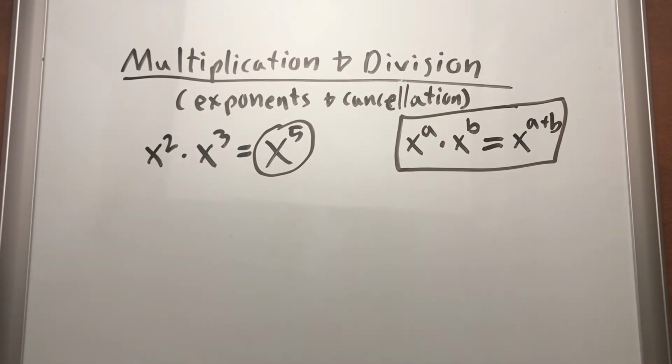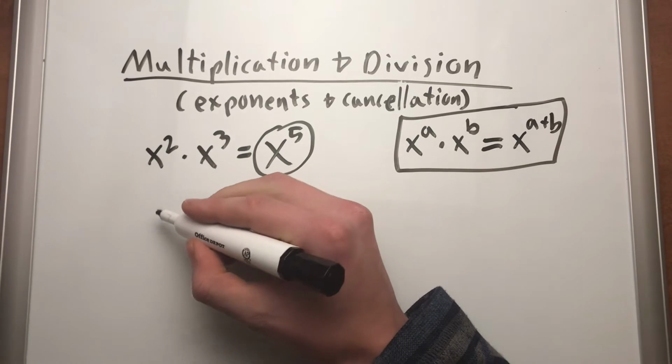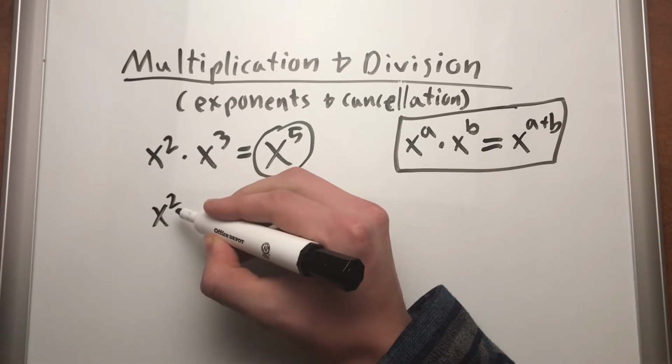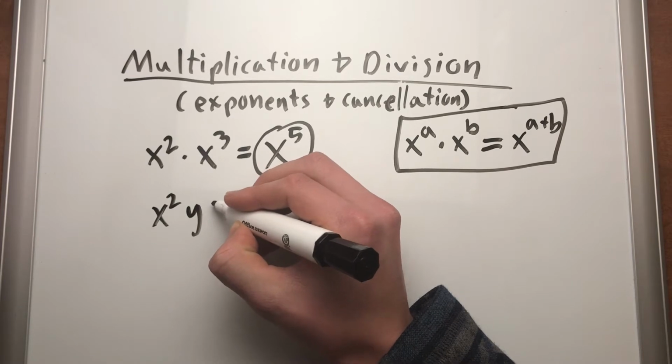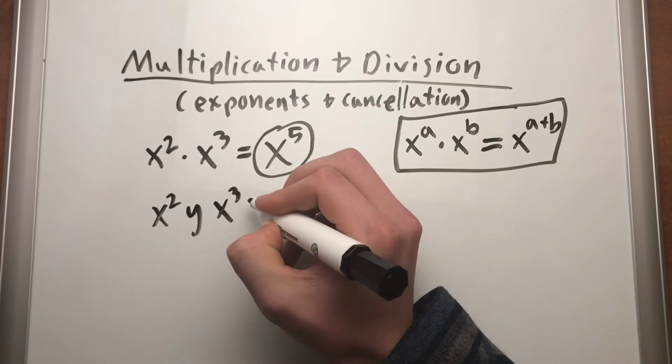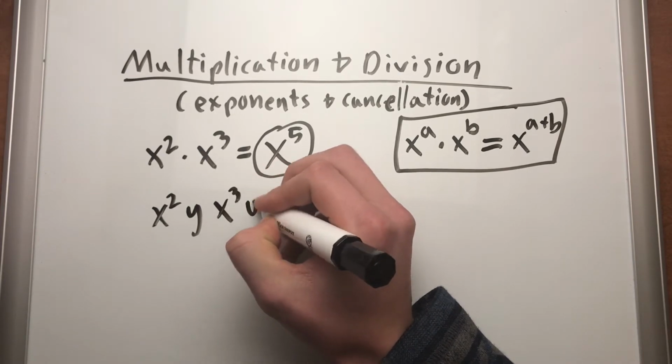What if we had a term to simplify that didn't just have one variable, but had multiple variables? Say we had x squared times y times x cubed times y to the 5th.